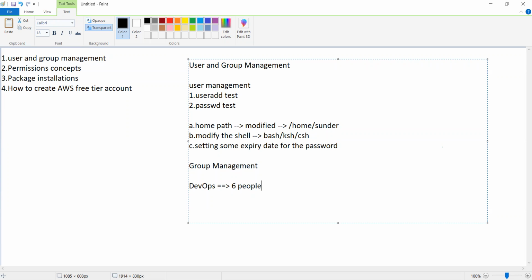I would create a group called DevOps, and later assign the policies to that group. The moment I assign a policy to the group, it is activated for whatever users are in it.